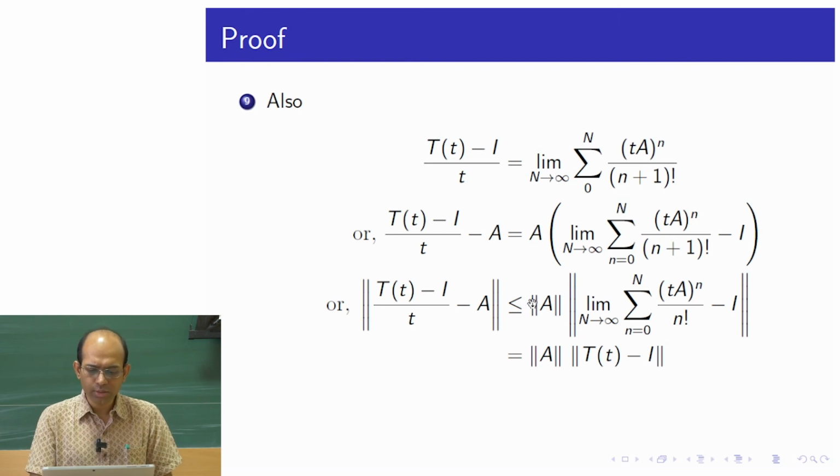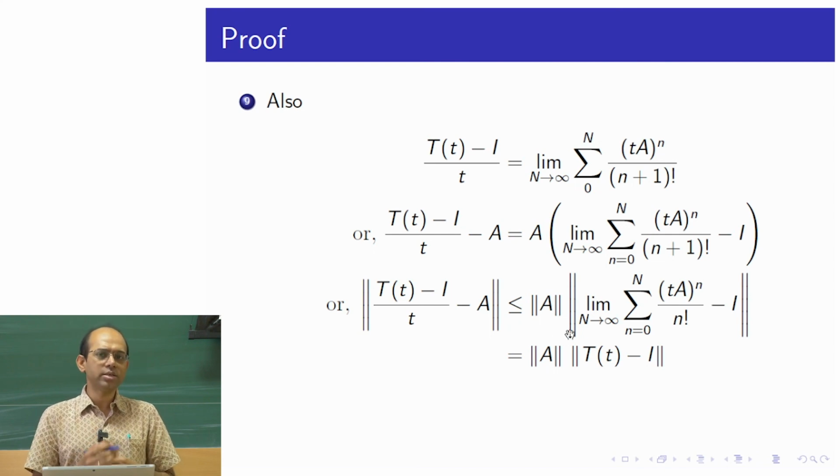So we get the norm of a and the norm of this thing, which is actually Tt as n tends to infinity, so it is Tt minus I, and the norm of a is here.